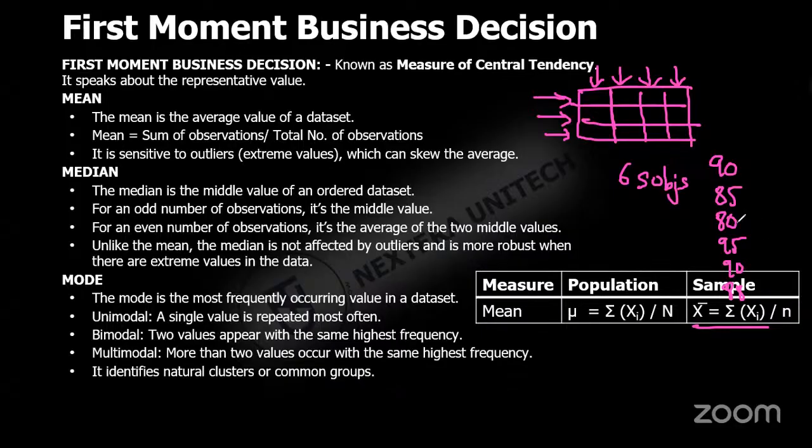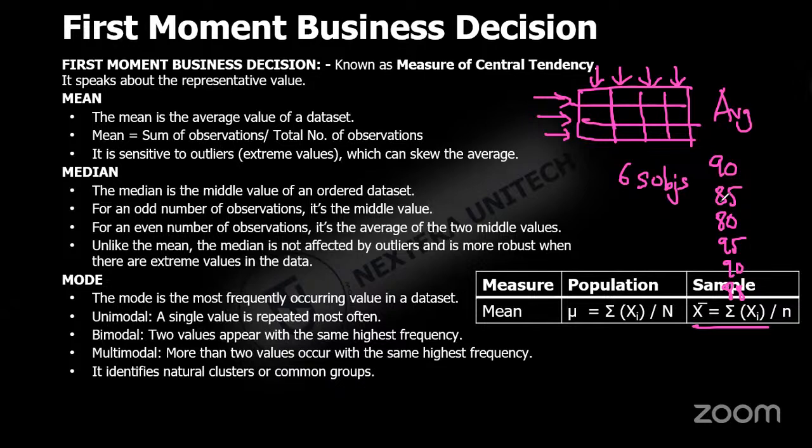Am I right? Yes, that is what we do. If someone asks the percentage, you're going to calculate the center value only, right? That center value is calculated using average.